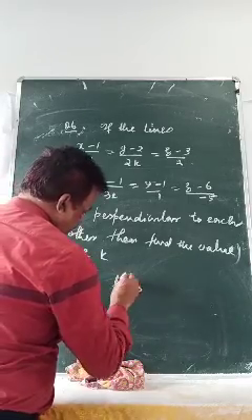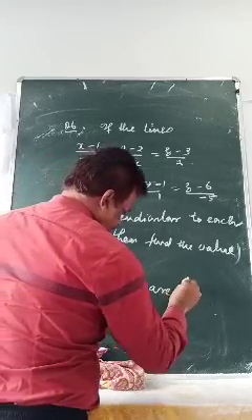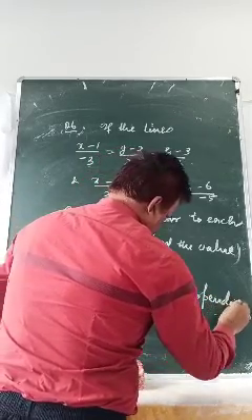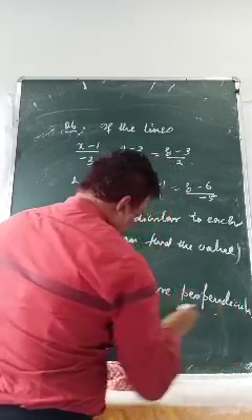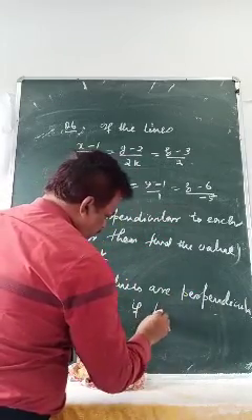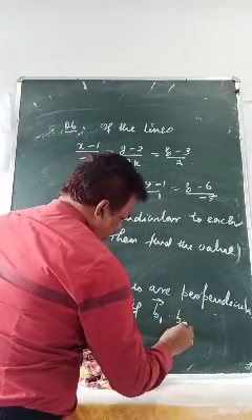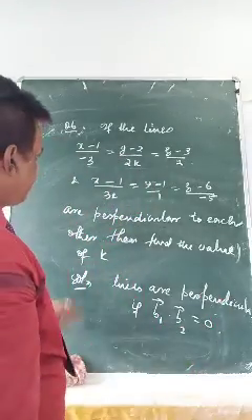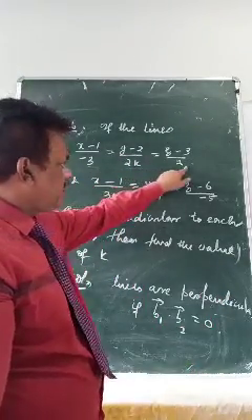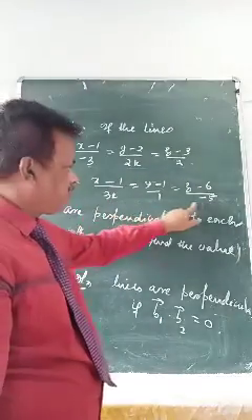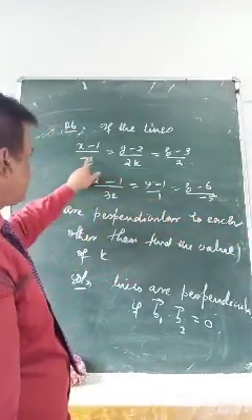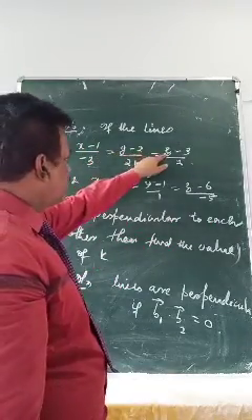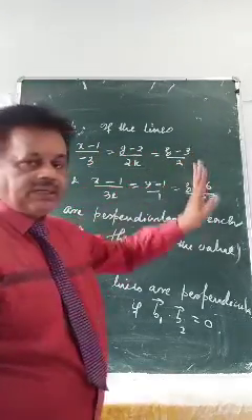Lines are perpendicular if b1 dot b2 equals 0. The b1 vector will come from here, the b2 vector from here, provided this is in the standard form. Standard form means the coefficients of x, y, z should be 1 and positive.